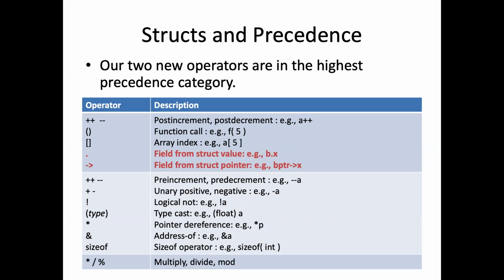And both of these are in that highest category of precedence. They have higher precedence, kind of like anything that comes after the operand, like looking up an element of an array or calling a function. These are in that highest category of precedence. That's why we needed the parentheses before.